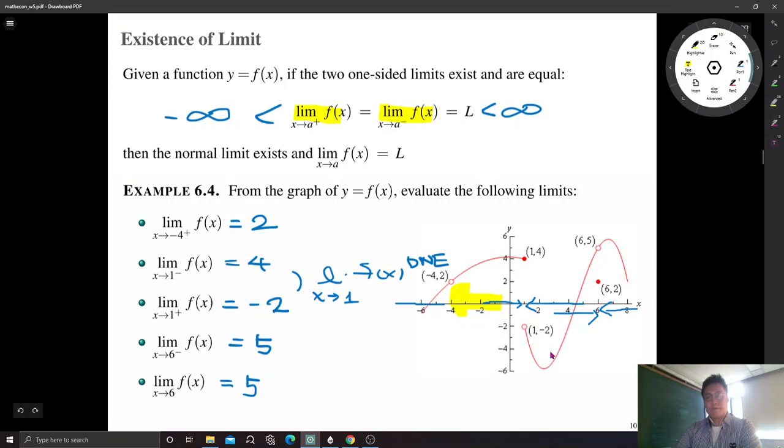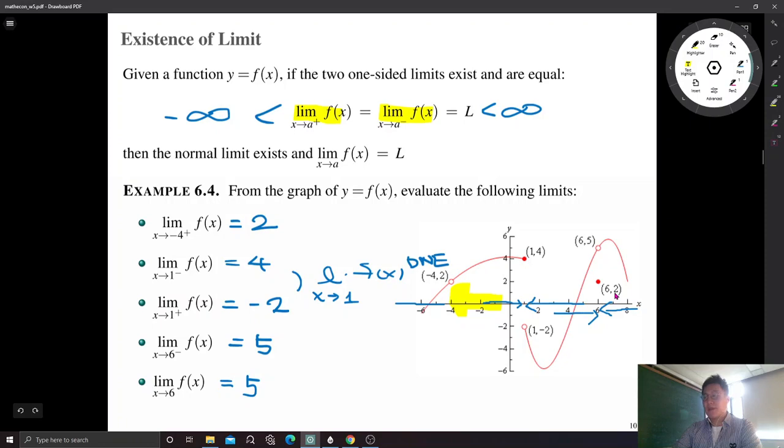And at this point number 6, we have an empty circle. The function is defined at number 6, but the function's value is not 5, but number 2 at number 6, right? So the limit value exists, that is number 5 at the point of 6, right?